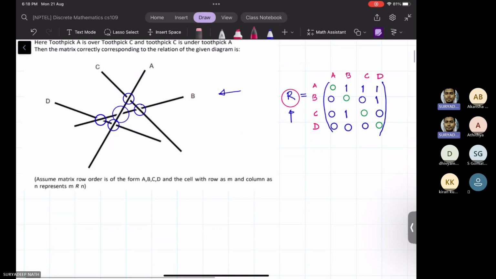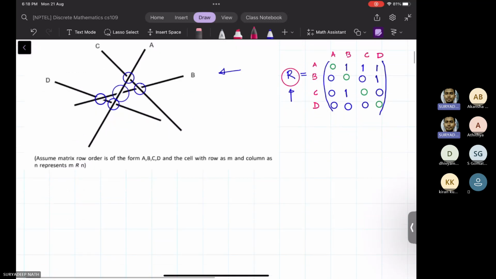Okay, I'll show you a simple case why this won't be a transitive case, because let's say, like Akanksha pointed out, if A is over B and B is over C, then if A is over C, it is a transitive relationship.